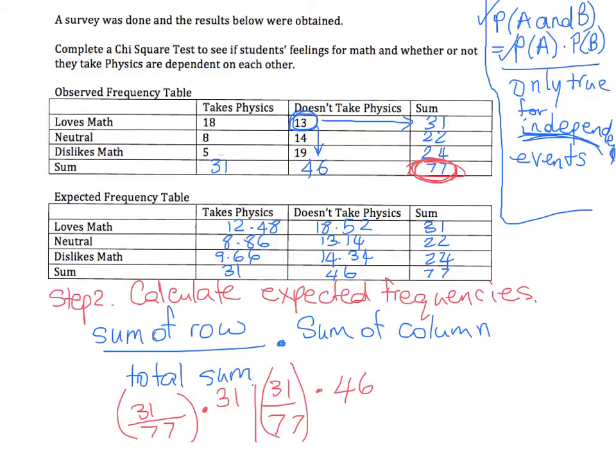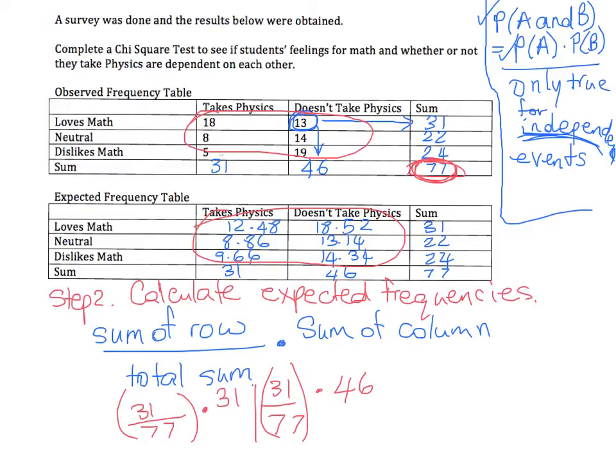So just so you remember, if our expected frequencies shown here are the same or close to the observed frequencies shown here, then our two categories are independent. As you can see, they're not that close to each other.